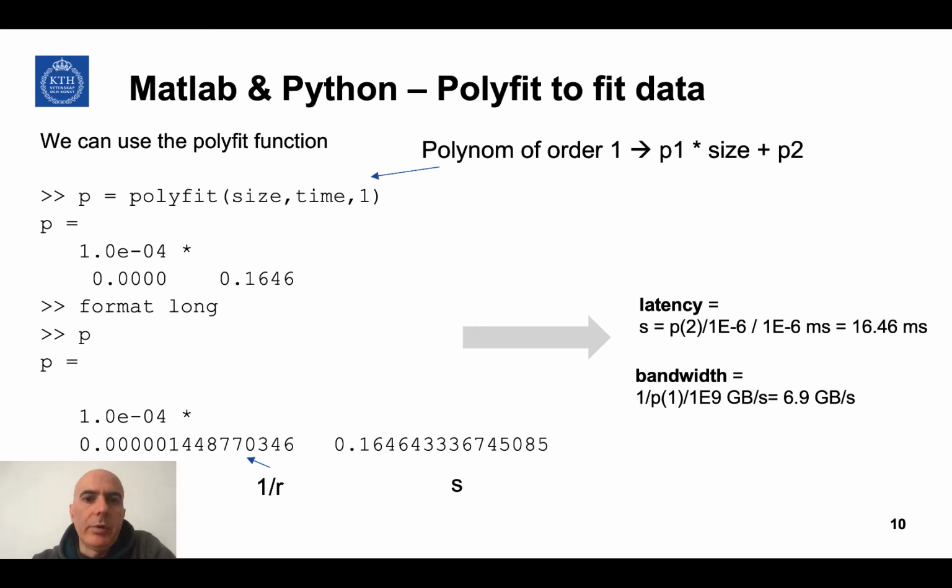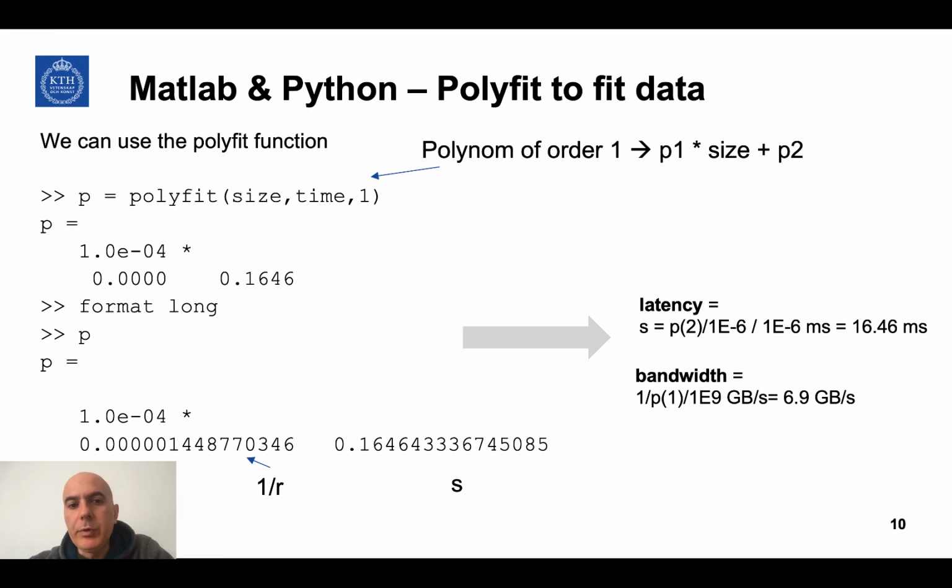If we want to do a best fit, we can rely on MATLAB or Python in particular to call a function called polyfit. What the polyfit function does is take the arguments, the x and the y. In this case, we have the size of the message in bytes as our x, and then we have the time as our y.